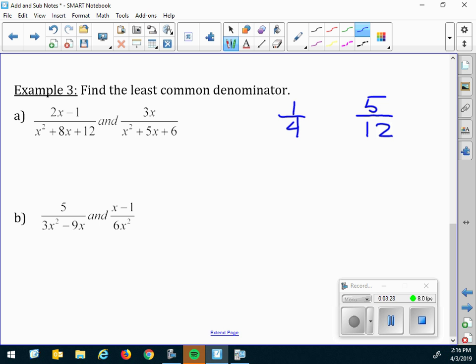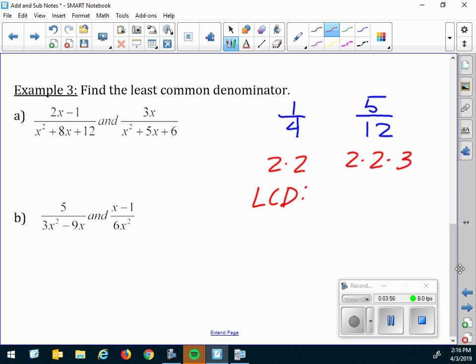How do I factor 4 completely? How do I factor 12 completely? 4 and 3, and then 4 will go 2 times 2. So 2 times 2 times 3. Now, the least common denominator is, what's common?